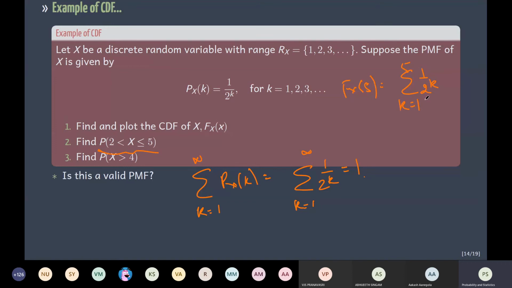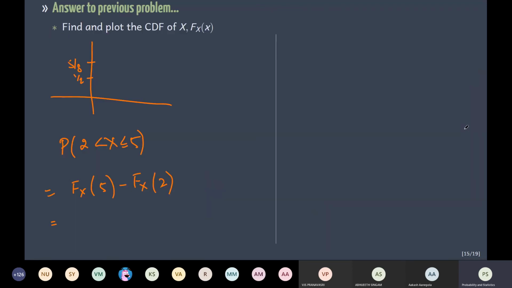So this is 1 over 2 plus 1 over 4 plus 1 over 8 and so on, up to 1 over 32. If we do this sum, it comes out to be 31 over 32, and then minus F(2).